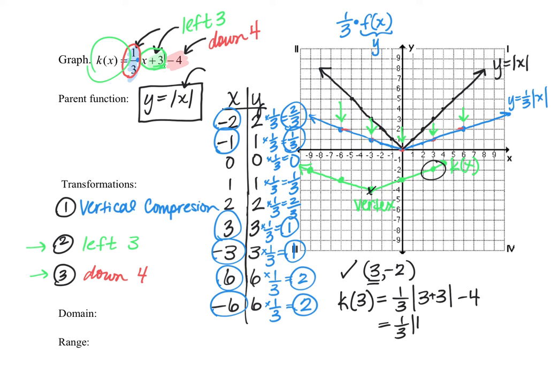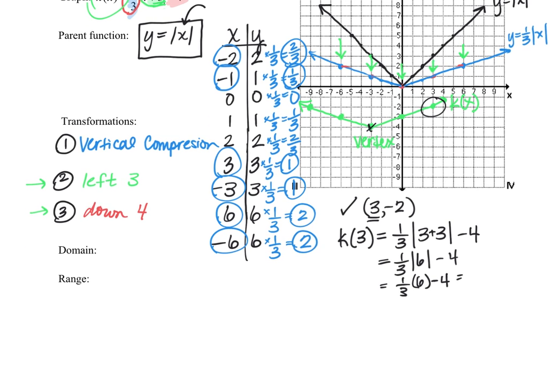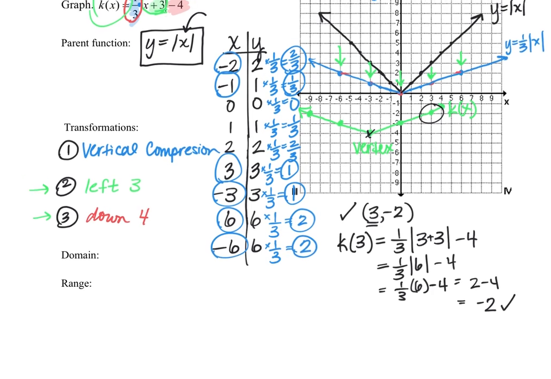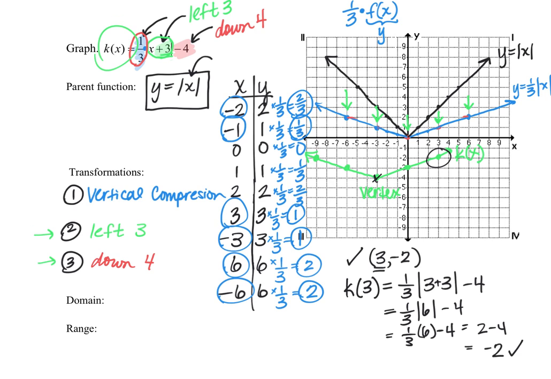So we have the absolute value of 6, which will give us 1/3 times 6 minus 4. And then 1/3 times 6 is 2, and 2 minus 4 indeed is -2, which is exactly what we wanted to get out for our y value. So that's a quick way of checking to be sure that we did these transformations correctly.